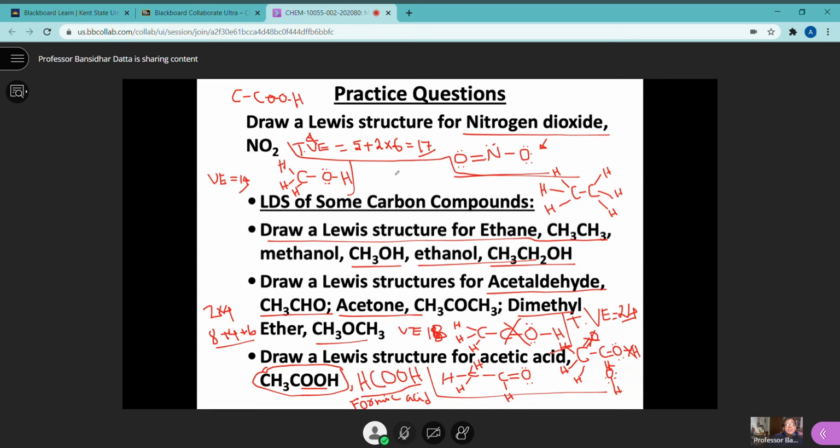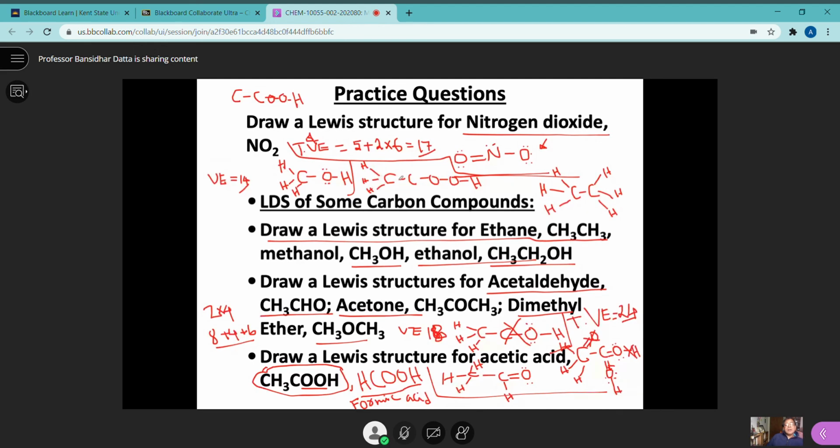So let's say C, O, and H. Is it right? Yes or no? Yeah. And then let's put 3 hydrogens here, because that is already said. 3 hydrogens there, 3 hydrogens there. Very good.